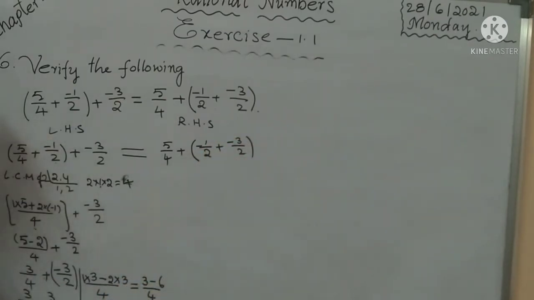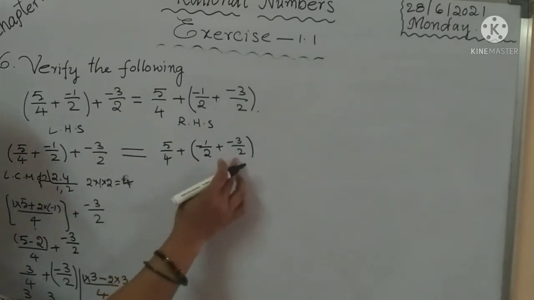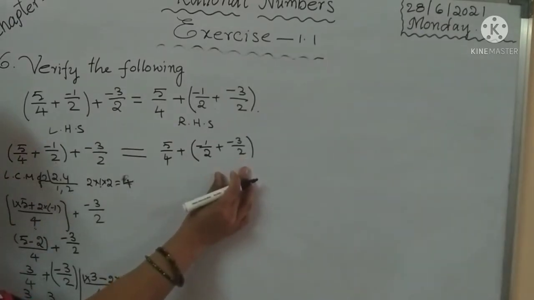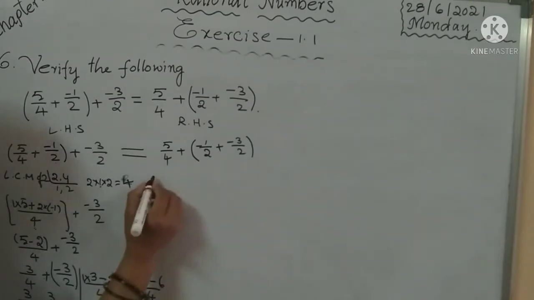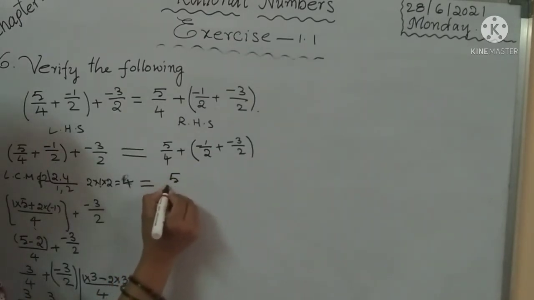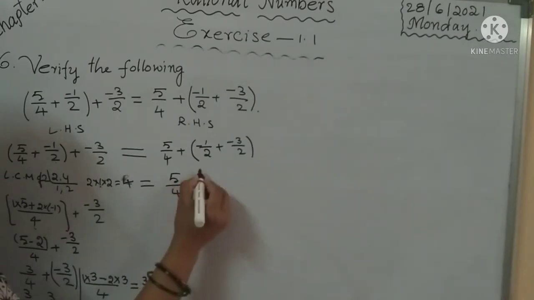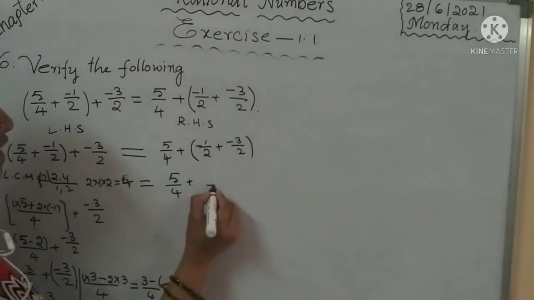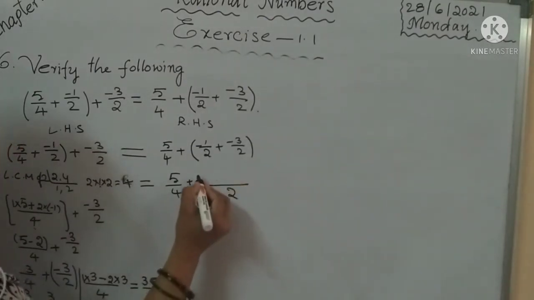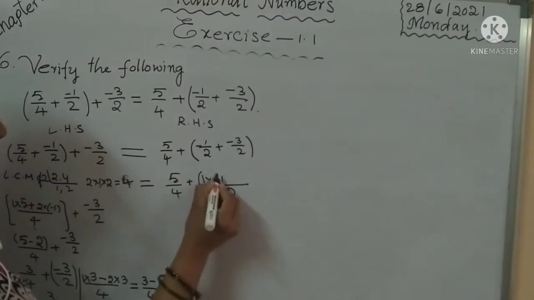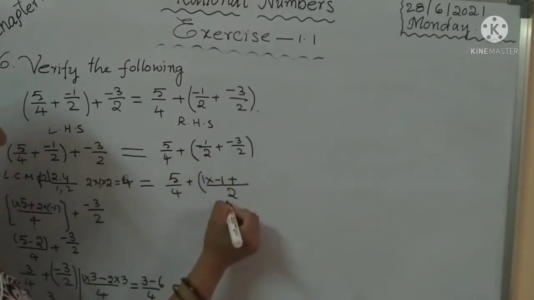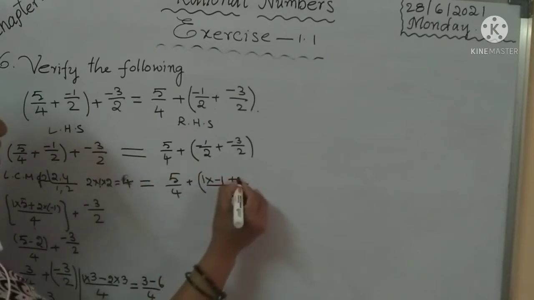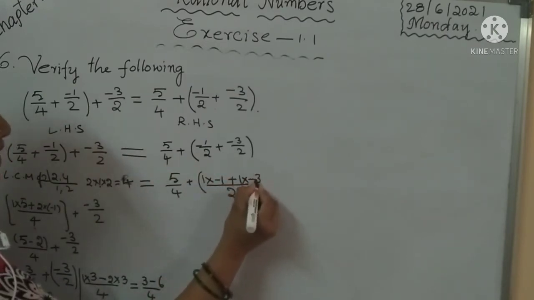So here observe that the first grouped numbers are completed. Okay. So this is equal to 5 by 4 plus, 2 comma 2 is the same number, so then we have to take the denominator 2. So here 2 how many times is possible? 1 time, into minus 1, plus again 2 how many times possible? 1 time, 1 into minus 3.